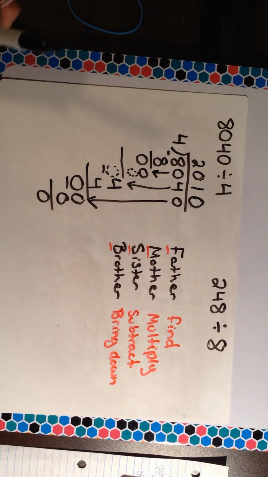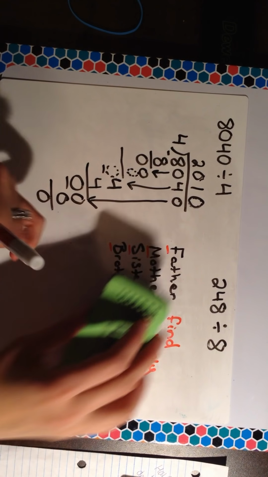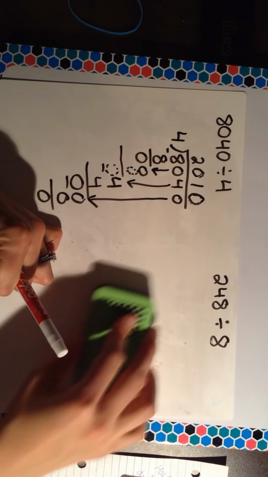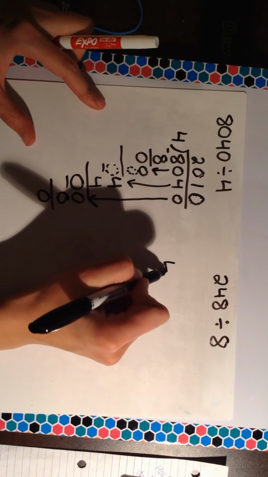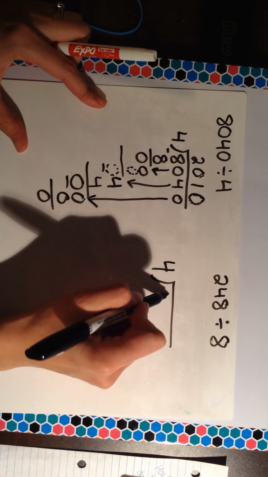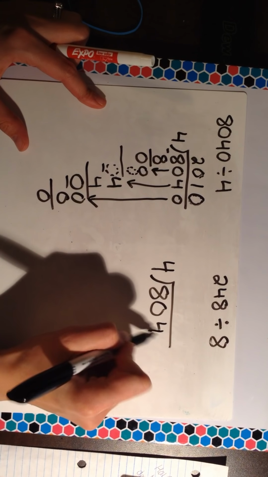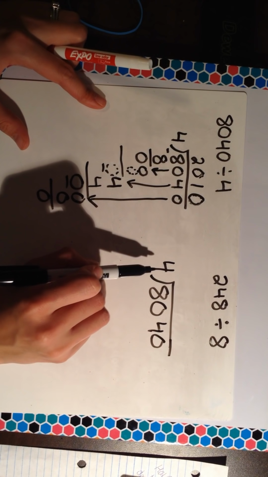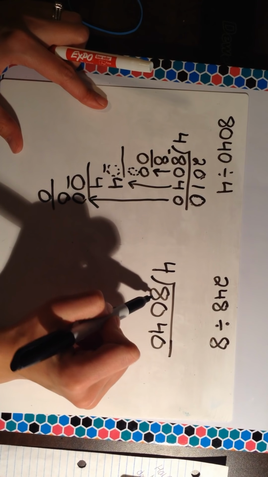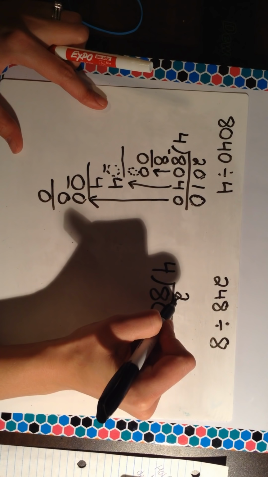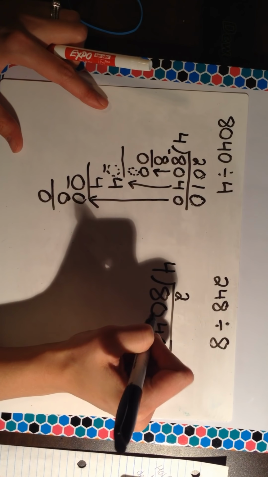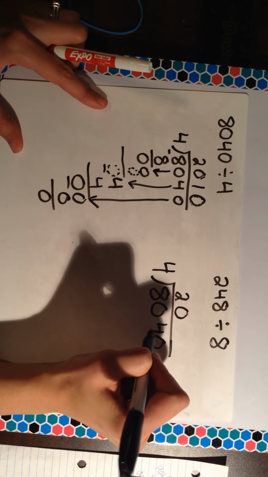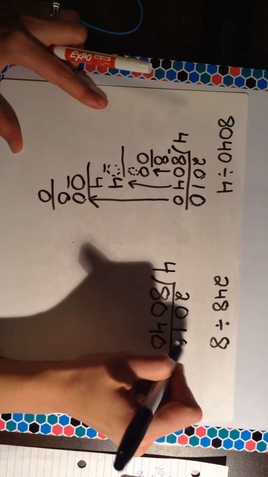One other strategy I had a student show me I really liked, and instead of drawing all of these steps, she showed me that she did division a little bit different in how she showed her thinking. So she said, Mrs. Lloyds, I go 4 goes into 8 twice, and then I do the next number here. 4 goes into 0 0 times. 4 goes into 4 once. 4 goes into 0 0 times.